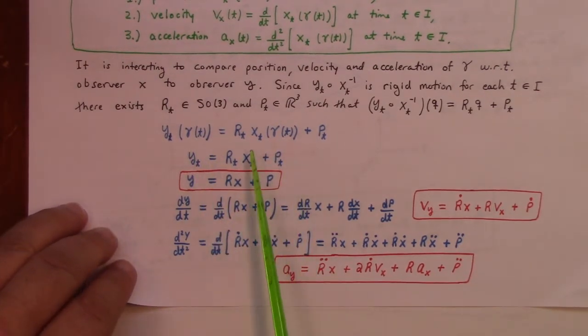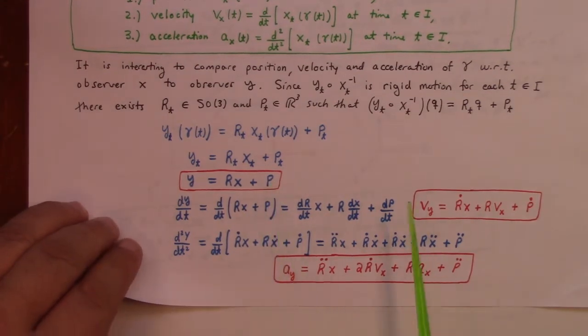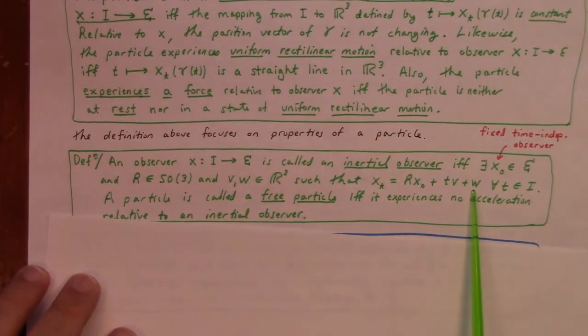Like, if x is inertial, there's no reason that y has to be inertial because here the R and the p are functions of time, and this p essentially is being played by t v plus w over here. So, I mean, that's a function of time, but simply so.